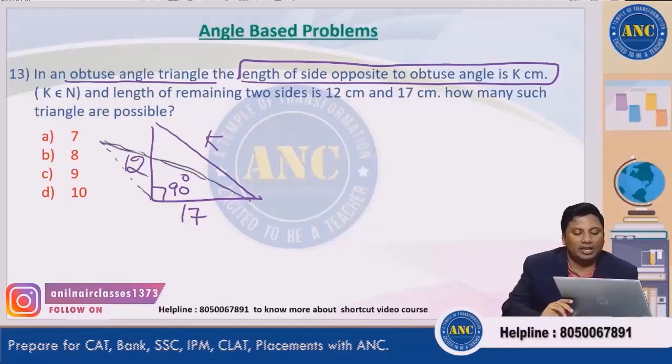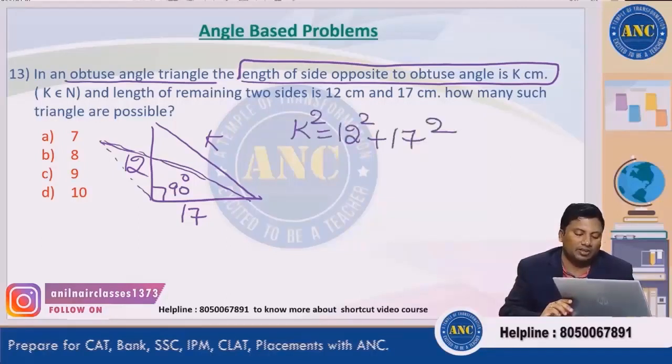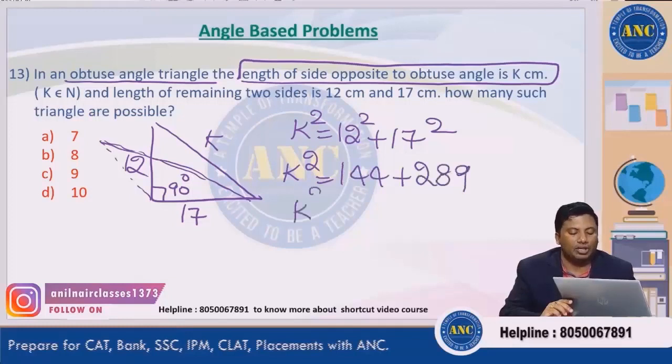If the figure is like this, for a right angled triangle it is k square equivalent to 12 square plus 17 square. K square is 144 plus 289, which is 433.